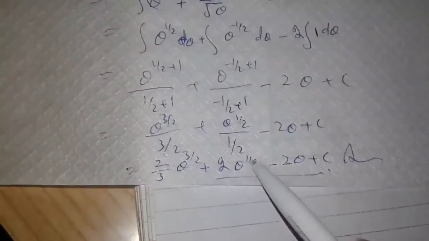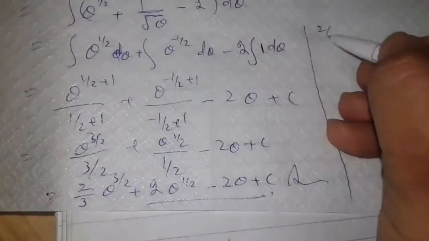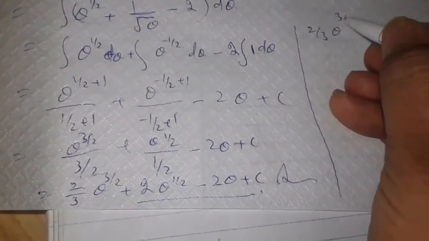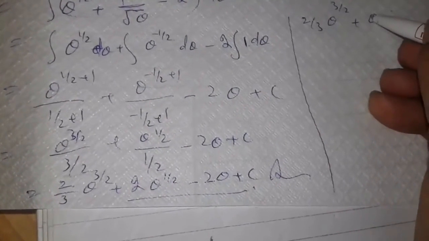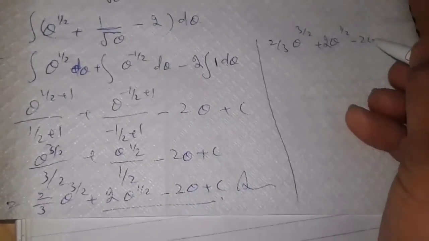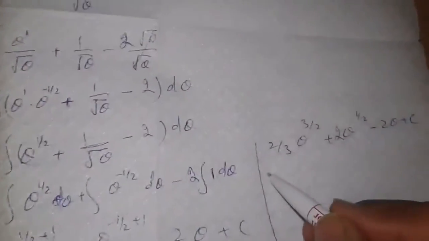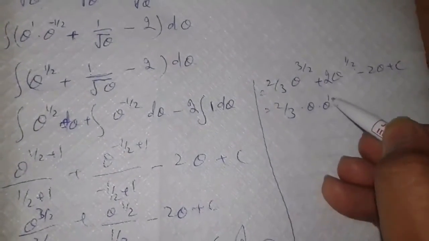Also we can solve this function in another way. 2 by 3 theta power 3 by 2 plus 2 theta power 1 by 2 minus 2 theta plus c. We can say 2 by 3 theta into theta power 1 by 2.